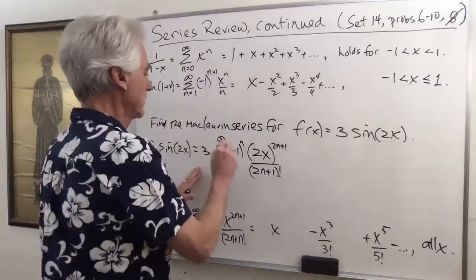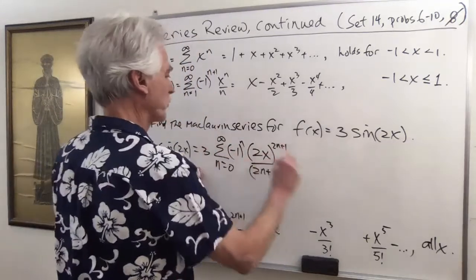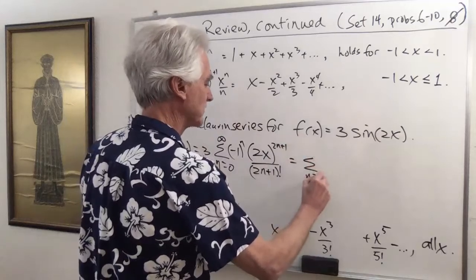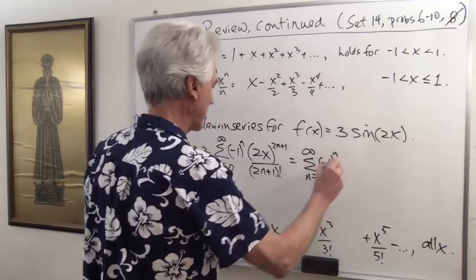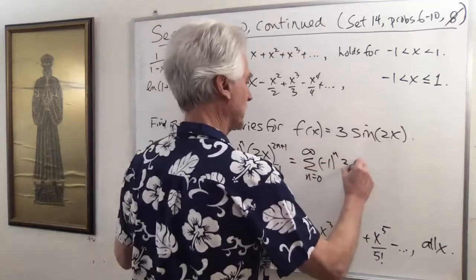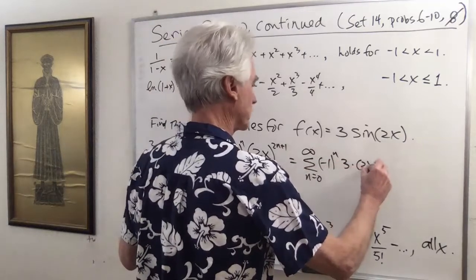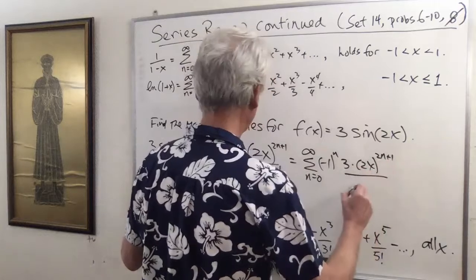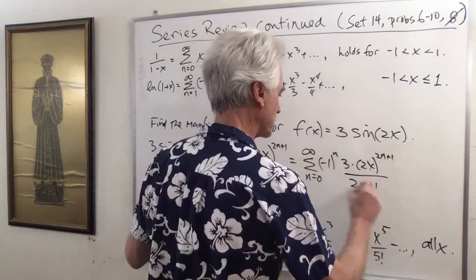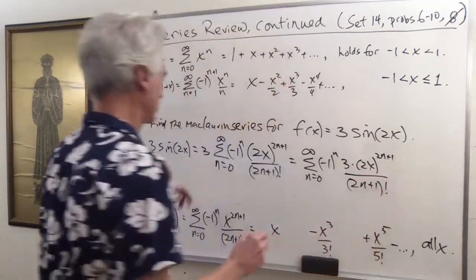Okay, and then I can bring this in as the sum from n equals 0 to infinity of minus 1 to the n, then 3 times 2x to the 2n plus 1 all over 2n plus 1 factorial.